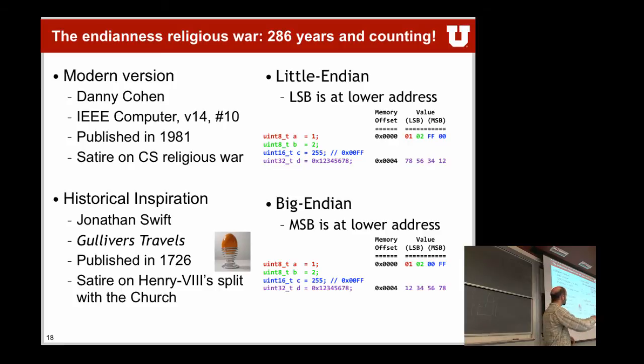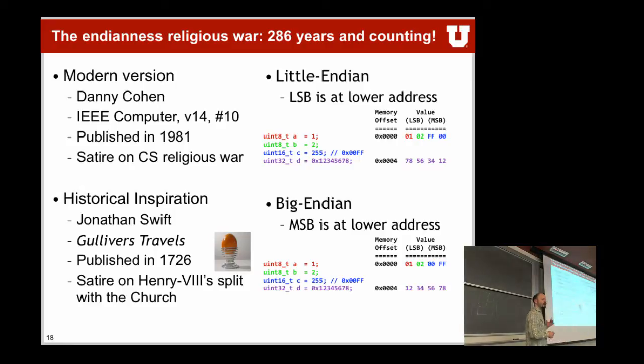This will be stored starting at memory address 0 as a 1, a 2, and 255 encoded as 16 bits is 00FF. Since we are little endian, we have FF00. So it's least significant byte first, most significant byte later in memory. And then 1, 2, 3, 4, 5, 6, 7, 8 is stored as 7, 8, 5, 6, 3, 4, 1, 2.